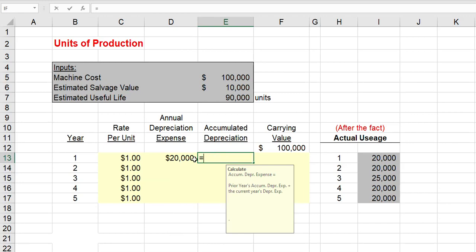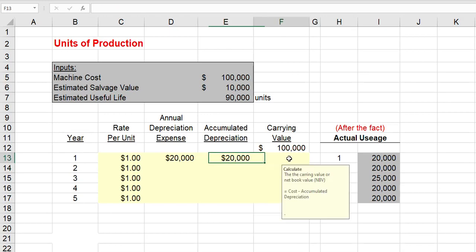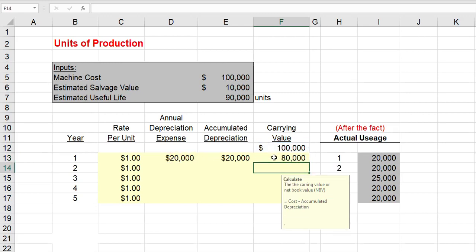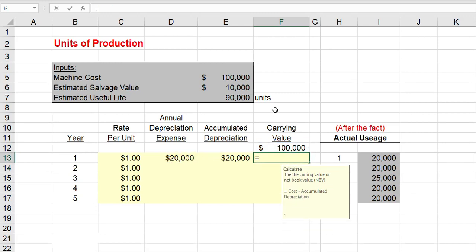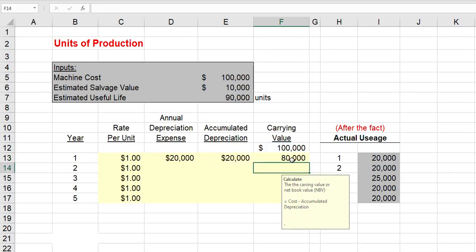Our accumulated depreciation at that time would be the prior year's accumulated, which right now is 0, plus 20,000 for 20,000 in accumulated depreciation. Our net book value is the prior year's carrying value minus the current year's expense of 80,000, or we can take the carrying value, and I'm going to anchor that, minus accumulated depreciation. So 80,000.